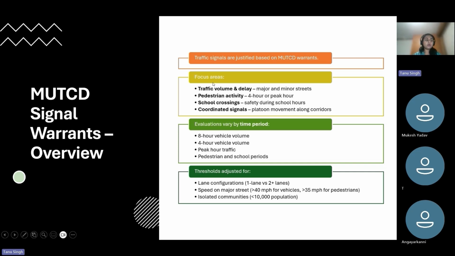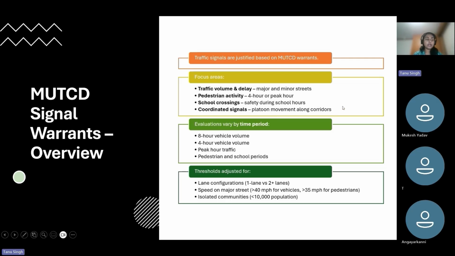The focus areas mainly include traffic volume and delay, then pedestrian activity, then school crossing safety during school hours, then coordinated signal information, if there is any platoon movement along the corridors or not.